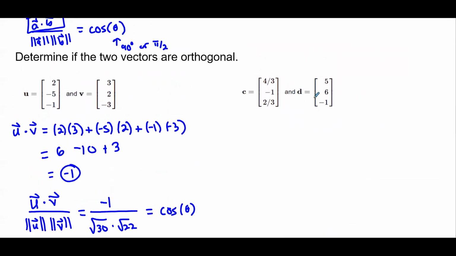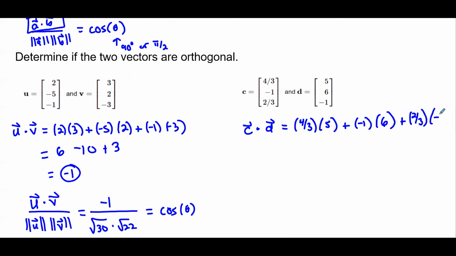Okay. What about C and D? Let's take the dot product. So 4/3 times 5, -1 times 6, 2/3 times -1.